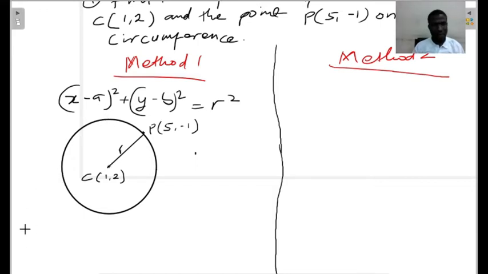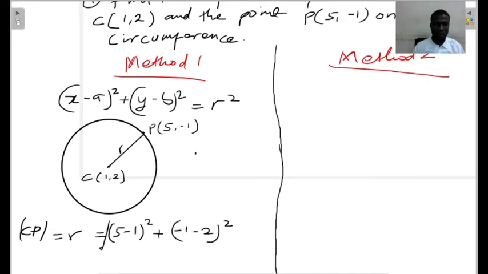By the distance formula, CP, which is the same as the radius of this circle, we are just finding the length of this line using the point will be equal to the square root of 5 minus 1 all squared plus negative 1 minus 2 all squared.